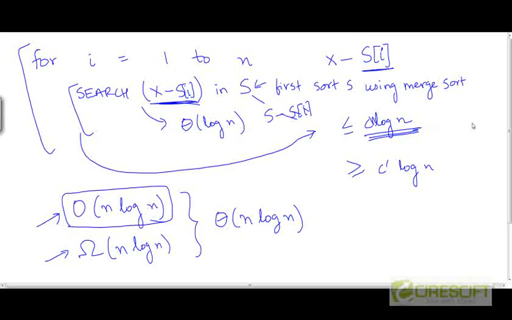So for example, if x is equal to 100, and if there is an element in S with a value of 50, so if you fix that element and you search for 100 minus 50, which is 50, in S, you don't want to hit the same element twice.